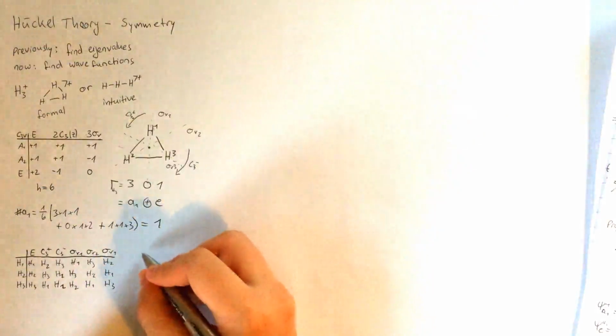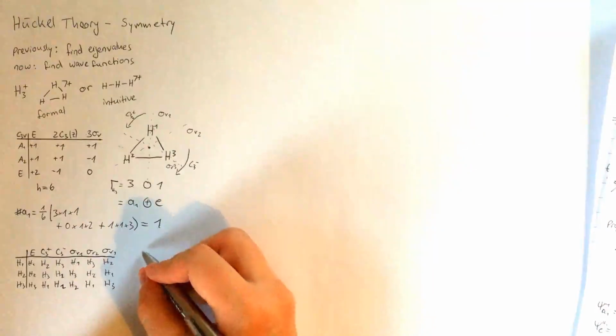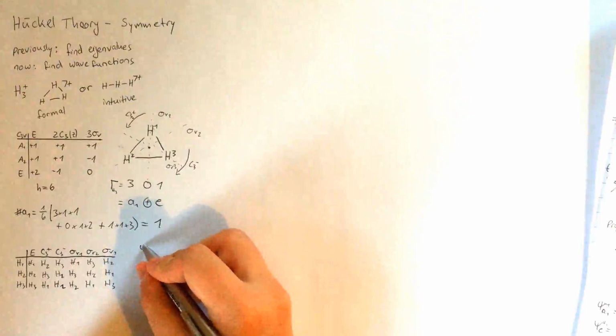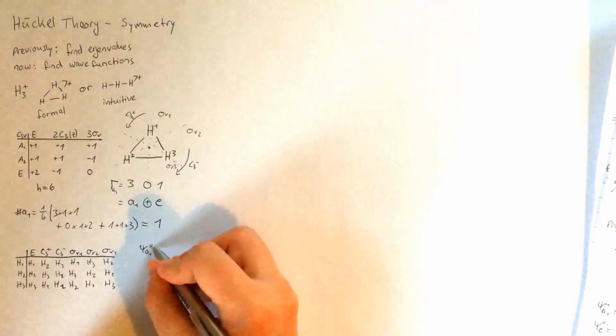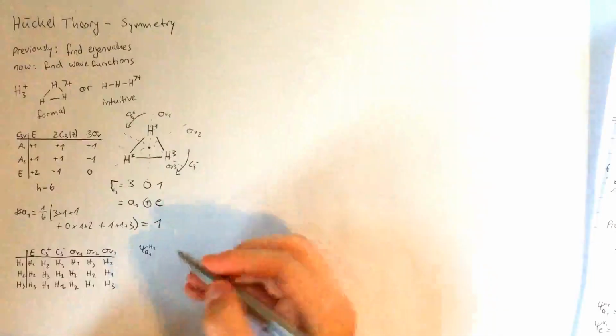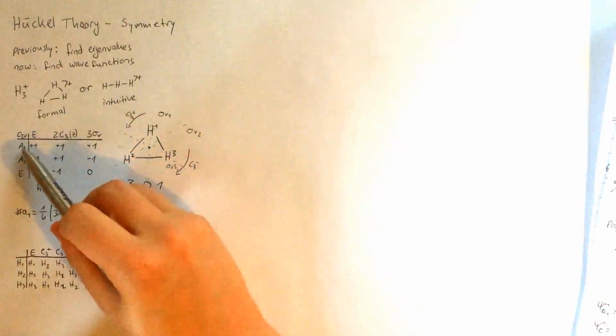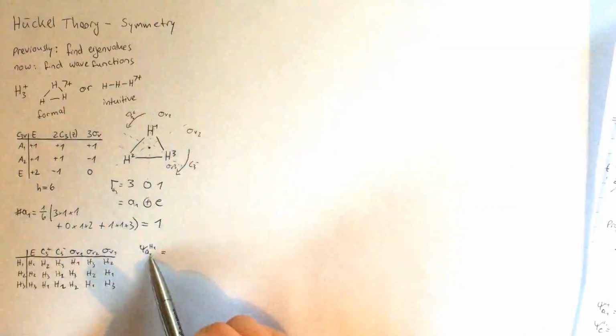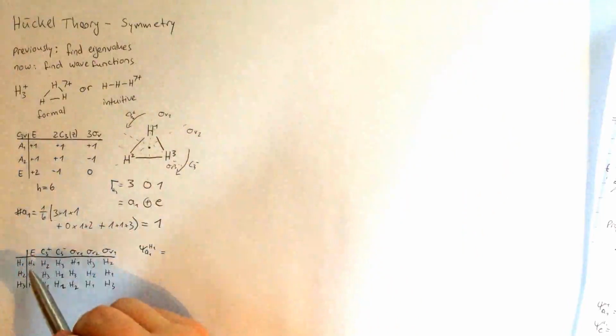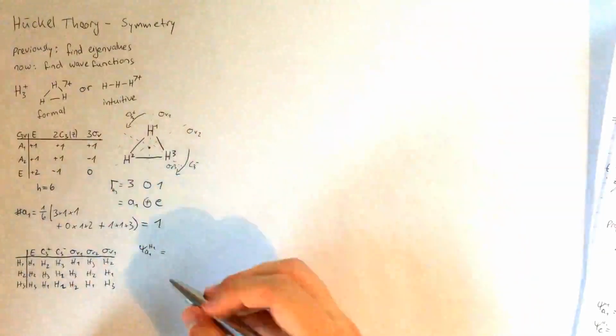Now, having done this, I apply the projection operator, which, if I look at A1, my wave function for A1, considering H1 first, is the character of the irrep we're looking at, which is A1, times the place where our hydrogen moves when we apply this operation.